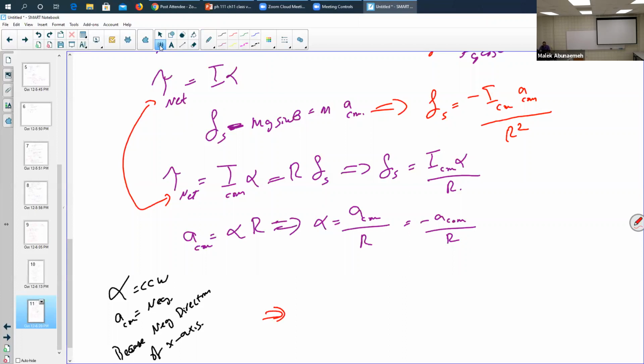That means your acceleration for center of mass is going to equal to minus g sine theta divided by 1 plus the moment of inertia for the center of mass divided by mR squared.